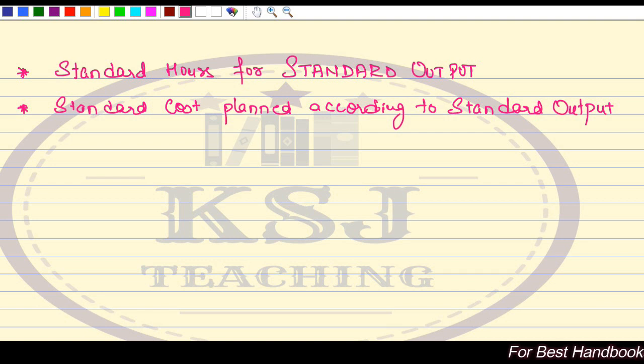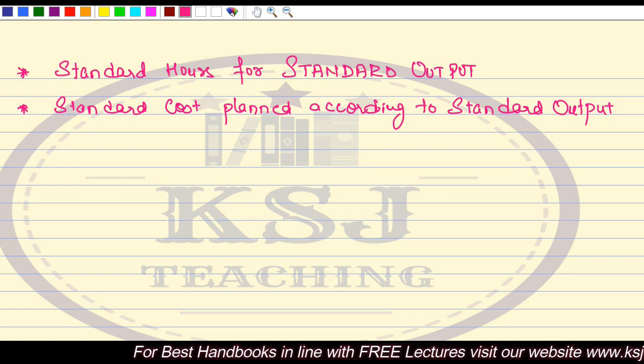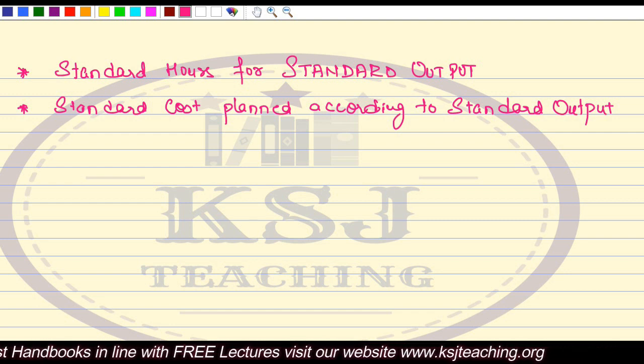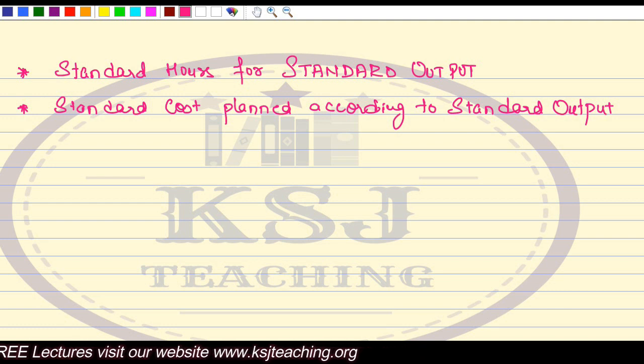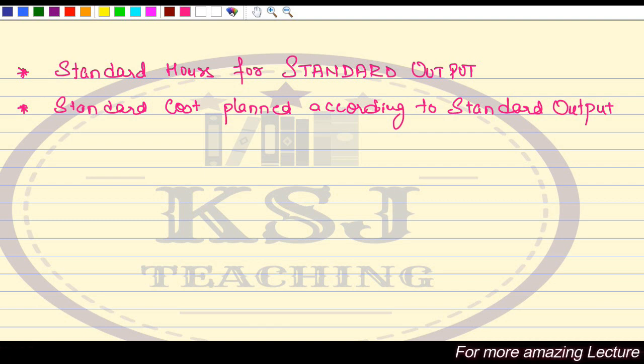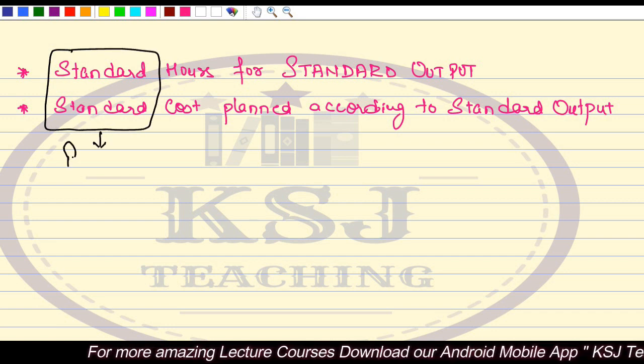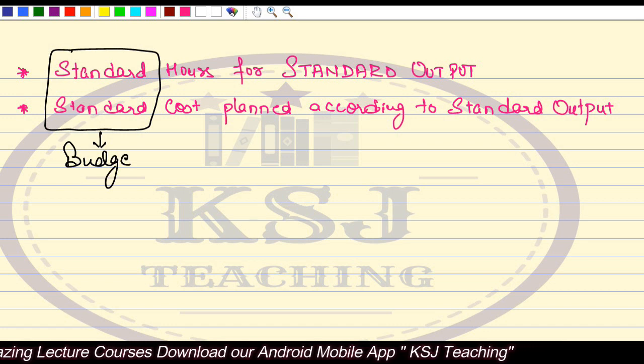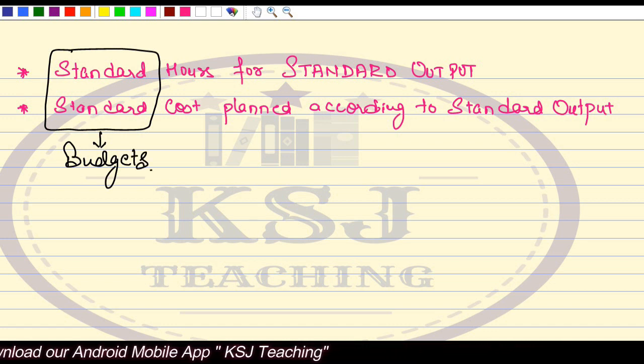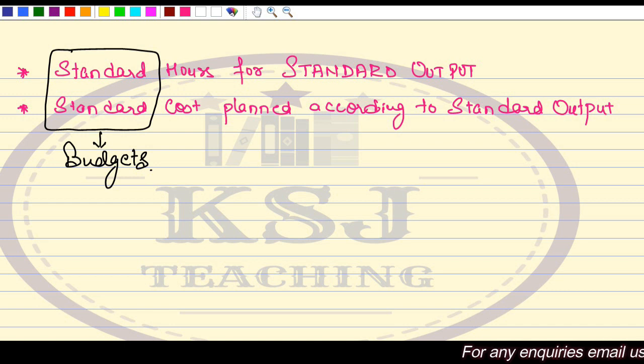So when we talk about these standards, whether we are talking about the standard hours or the standard cost for standard output, we call them budgets, right? Budget is something that you have planned on the basis of past experience. So what are your budgeted hours for standard output?